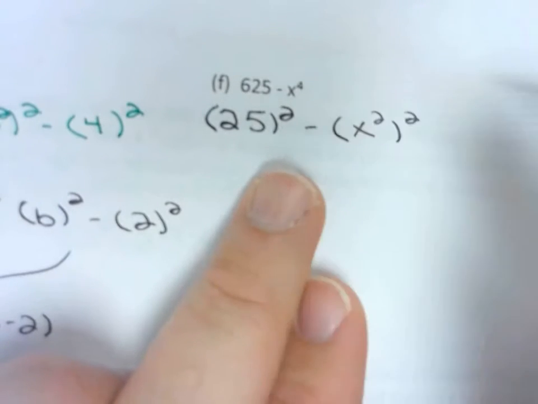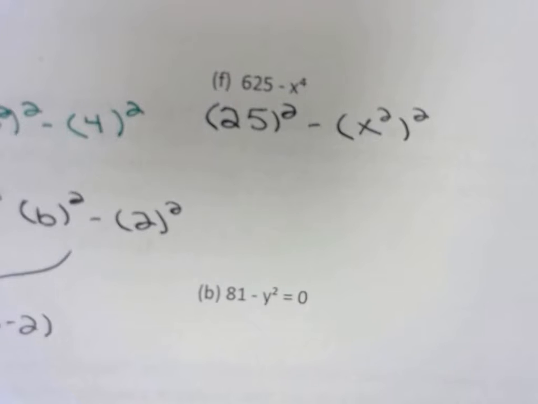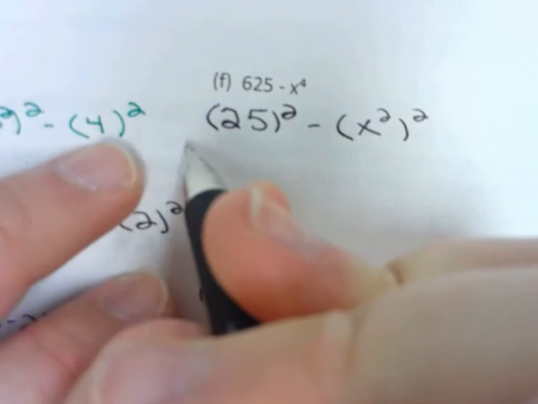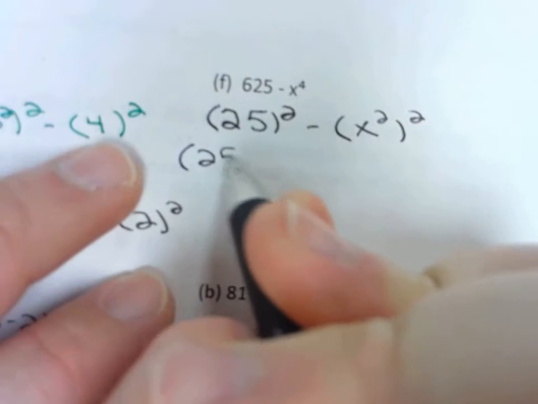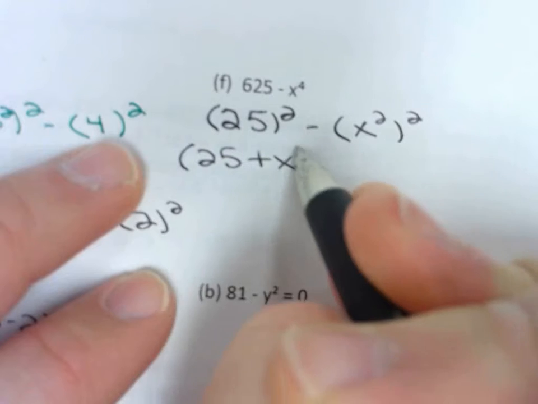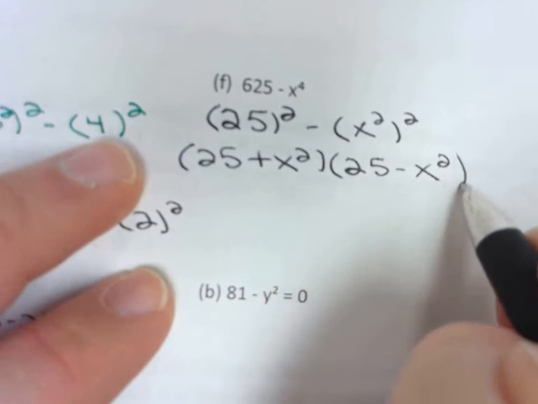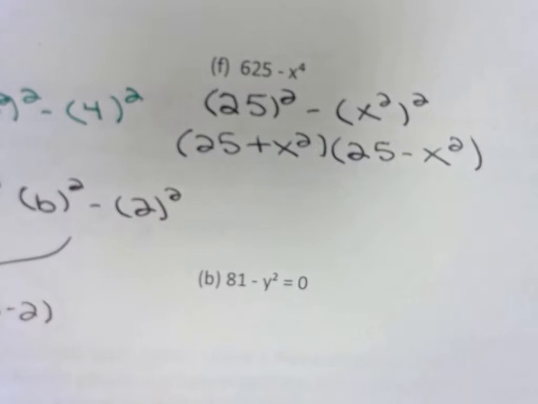X squared. So now let's go through and see what I have. Final answer? 25 plus x squared and 25 minus x squared. Now this might answer your question, Jake, because we're going to have to do it again.